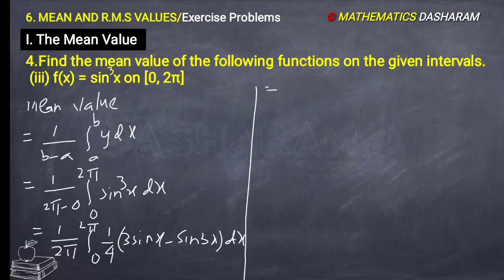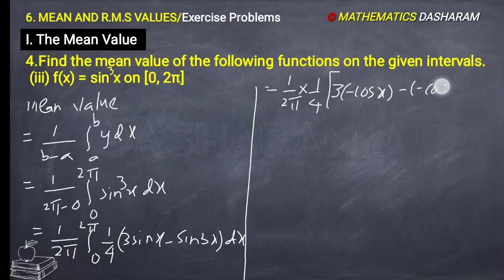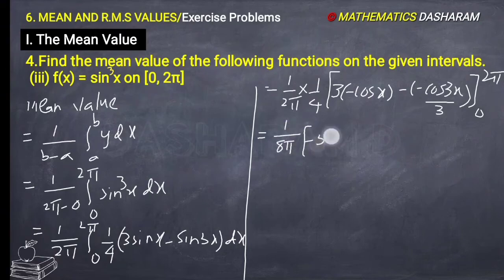Then it equals 1 by 2 pi, integration; here 1 by 4 is a constant, and the integration of 3 sin x is 3 into minus cos x, minus sin 3x, integration is minus cos 3x divided by 3, and the limits are 0 to 2 pi. So it equals 1 by 4 to the 8 pi, and minus 3 cos x. So minus into minus plus cos 3x divided by 3, 0 to 2 pi.